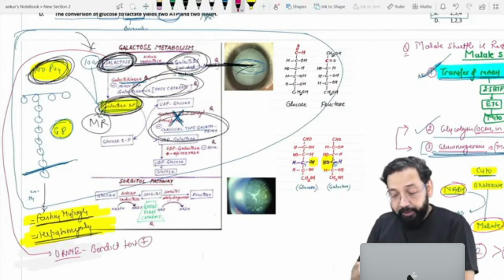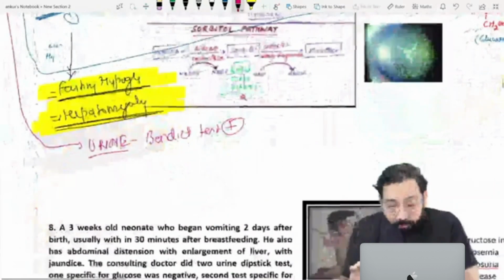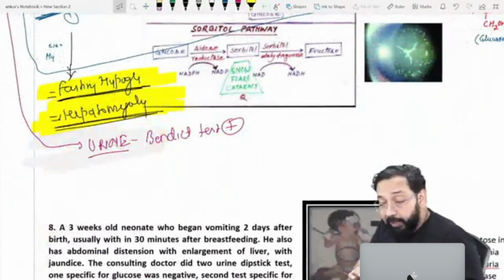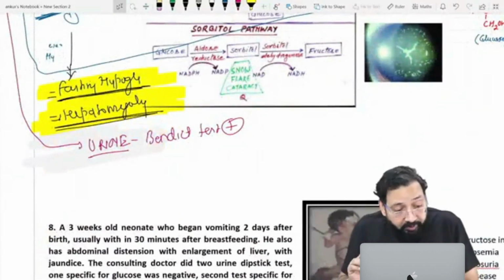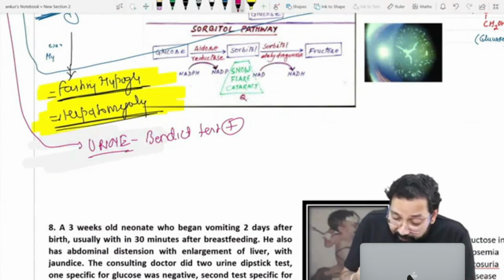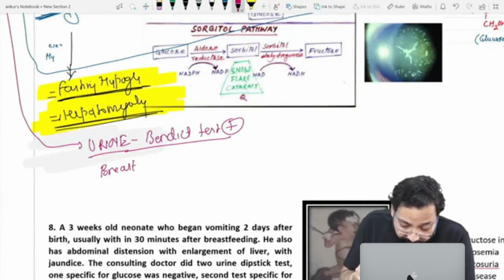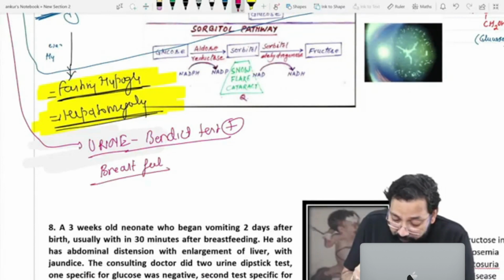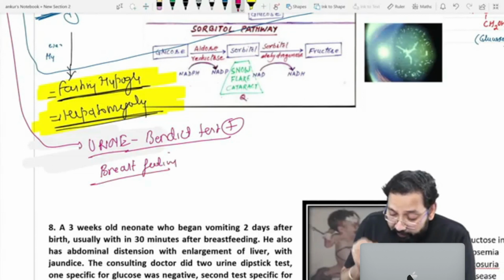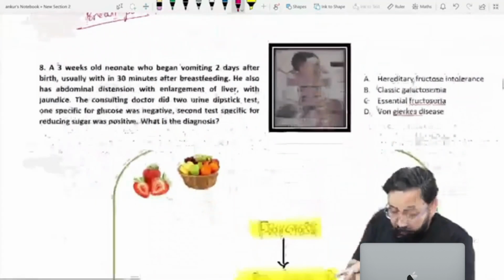One important point: in galactosemia, Benedict test will be positive. Galactose would be present in urine. Second thing, there would be relation of symptoms with breastfeeding, because breast milk has lactose.